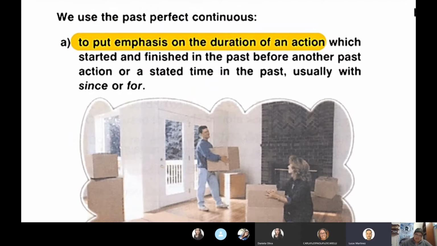Do you have the same? No, I can see the past perfect continuous. Yes, me too. Lucas, leave the call and get back soon. Yes. Okay.